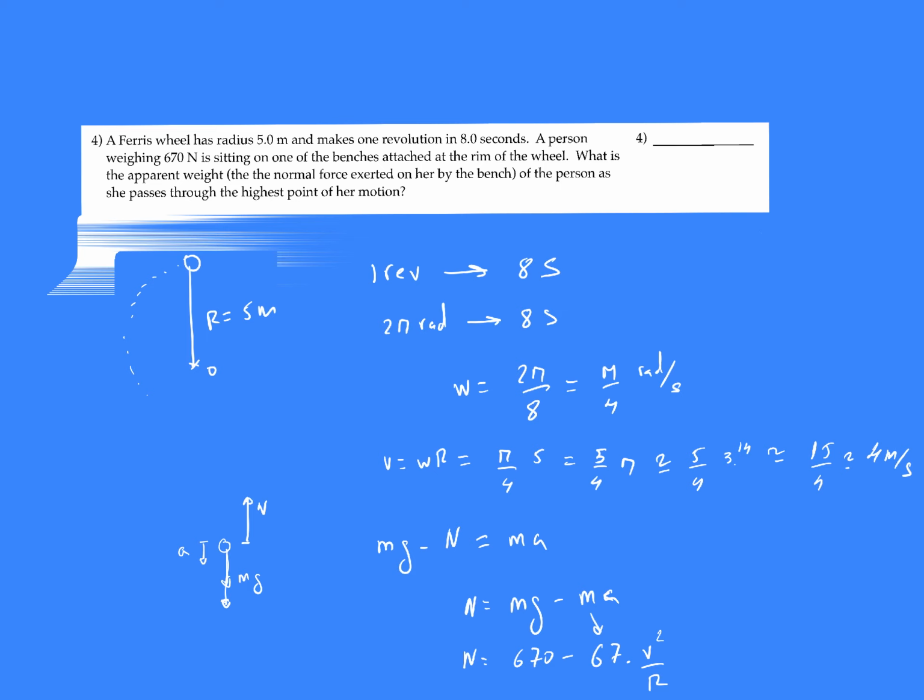A person weighs 670 newtons, so the weight is 670 newtons, and is sitting on one bench attached at the ring of the wheel. What is the apparent weight, the normal force exerted on the bench on the person, as she passes through the highest point?